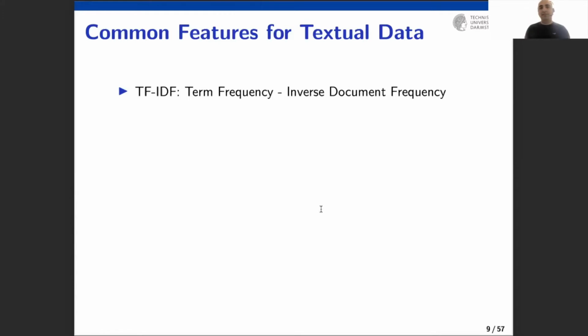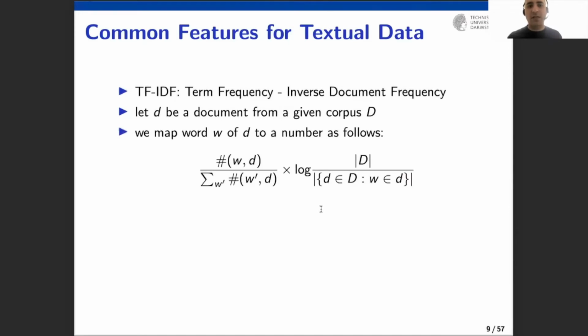Another feature that we have, or another way to represent the text by a vector, is TF-IDF, which stands for term frequency and inverse document frequency. Let D be a document from a given corpus. We map word W of document D to a number as follows.